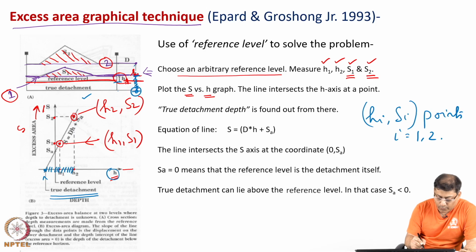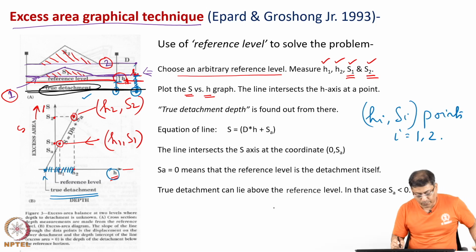Once this particular point is obtained, or by the previous method this point is obtained, I can draw a line parallel to the reference level and passing through that point, and this gives me the true detachment below the ground surface.